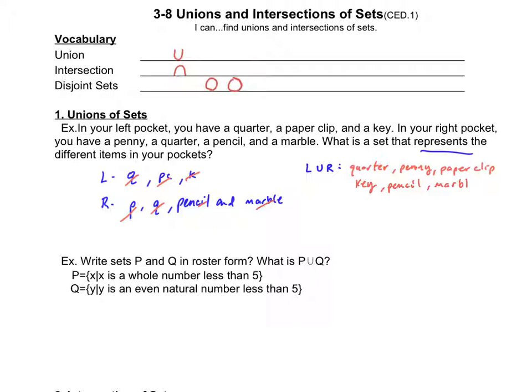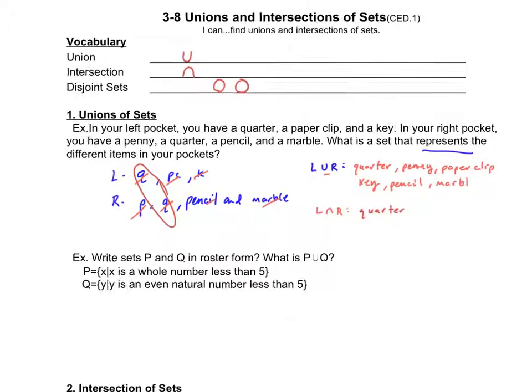And that represents the union, all the elements of each set. If I was looking to find where they intersect, the only thing they have in common is the quarter. So that would be their intersection point. That's how you would represent a union and an intersection.